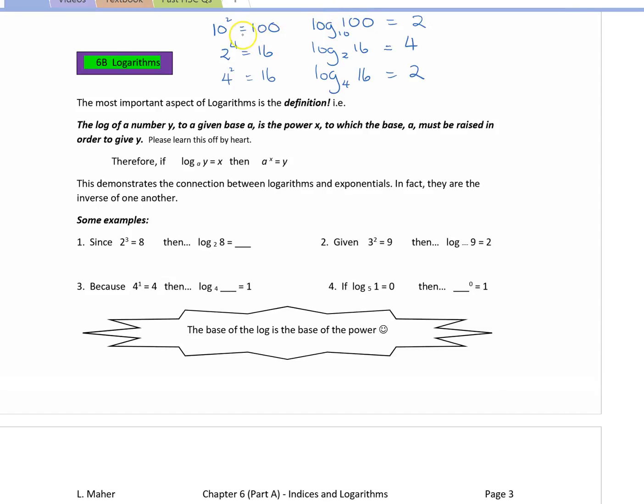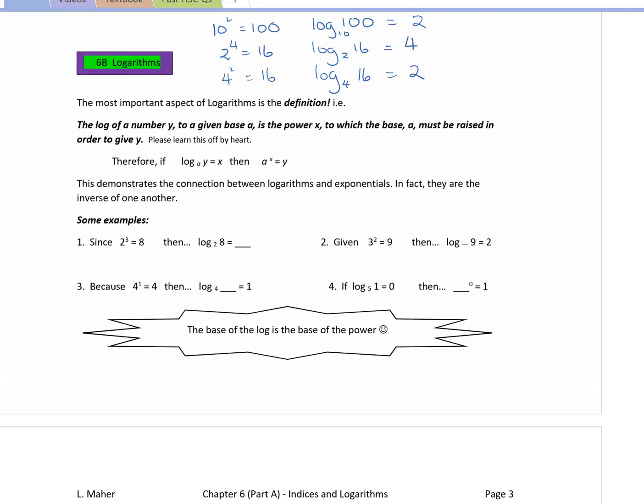So let me just go over those again. If you take the log of 100 when the base is 10, you get the power 2. When you take the log of the number 16 and the base is 2, you will get the power 4. So you're getting the power to which a base has to be raised.